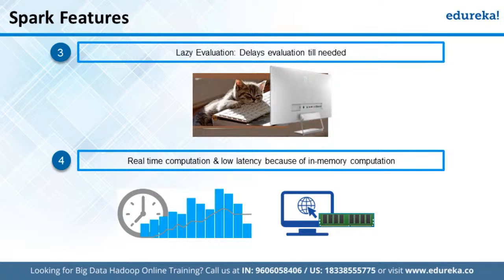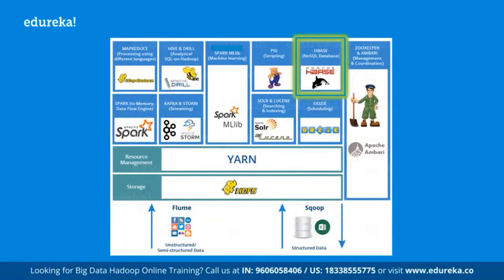Lazy evaluation means unless and until there is an action being called from Spark, this statement will not get executed. So even if you define x equals 10, it will not get executed there. It will get executed when you call an action on x.